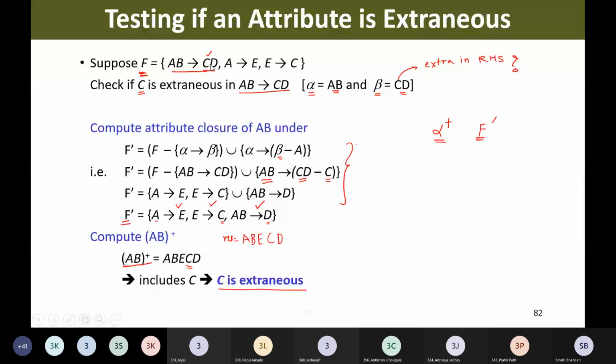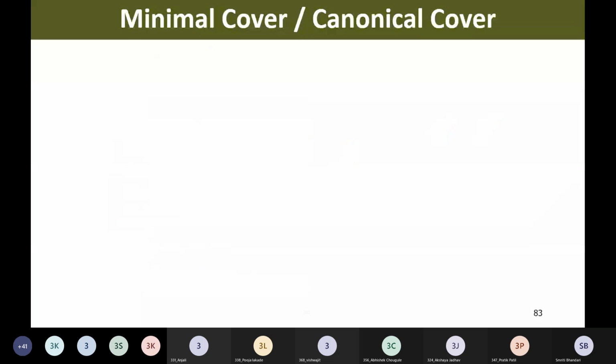We have tested for C. Similarly, you may test whether this D is extra in this functional dependency AB to CD, so that you can have the practice of applying those tests. Got it? Yes, ma'am. Fine. So this is the homework for you. Next time you should come up with the solution.